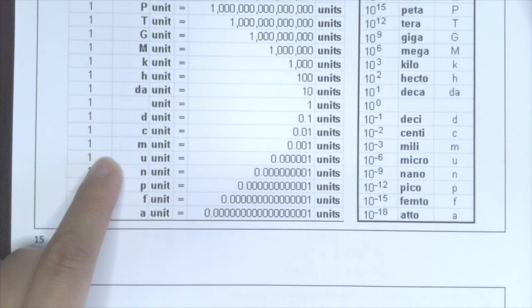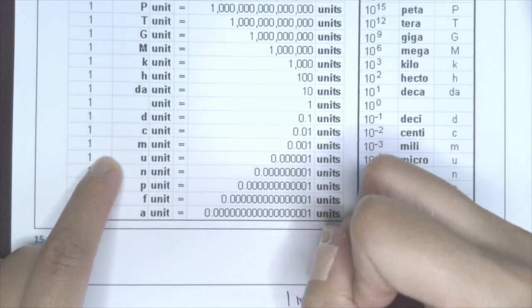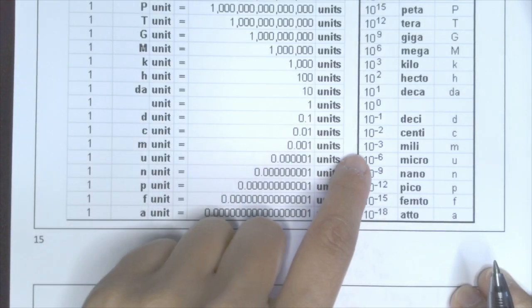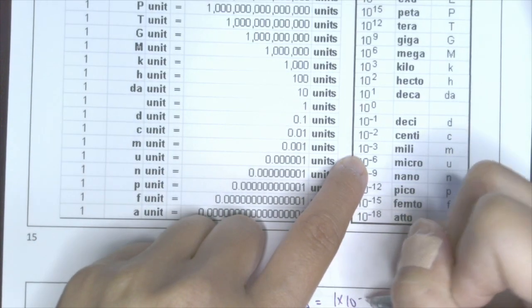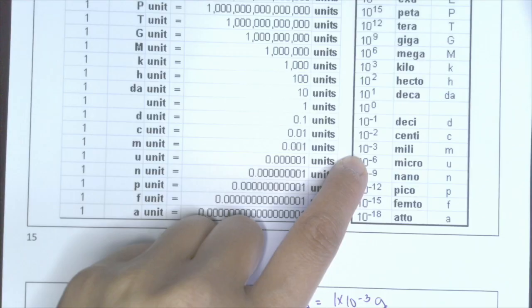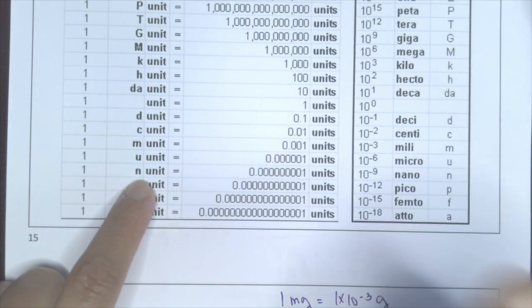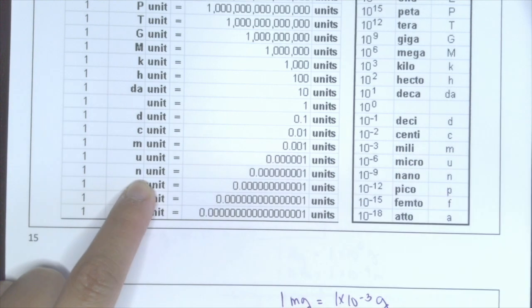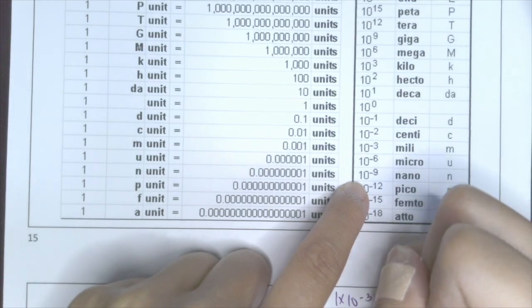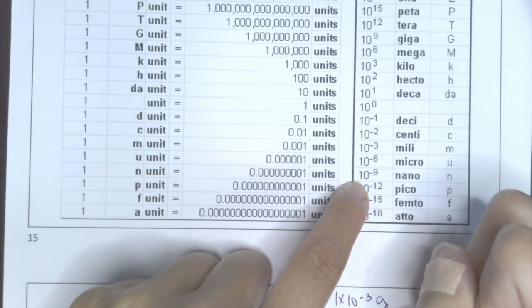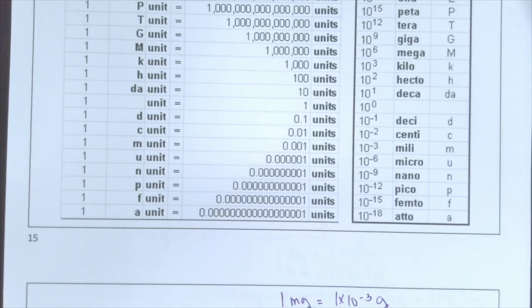And milli is right here, and 1 milligram is equal to the number 1 times 10 to the minus third grams. And then we're also working with nano, so we have 1 nanogram is equivalent to 1 times 10 to the minus 9 grams. So those are our conversion factors.